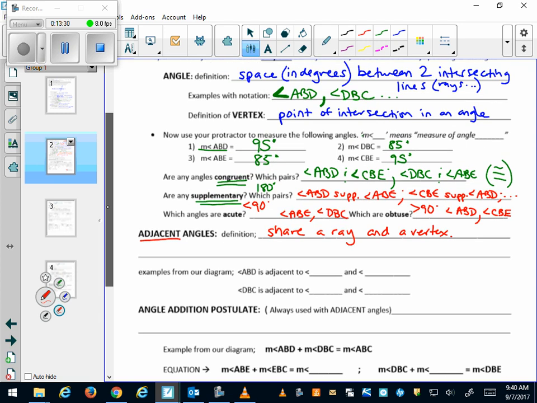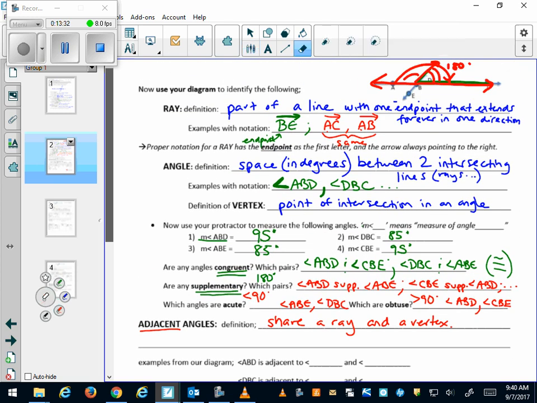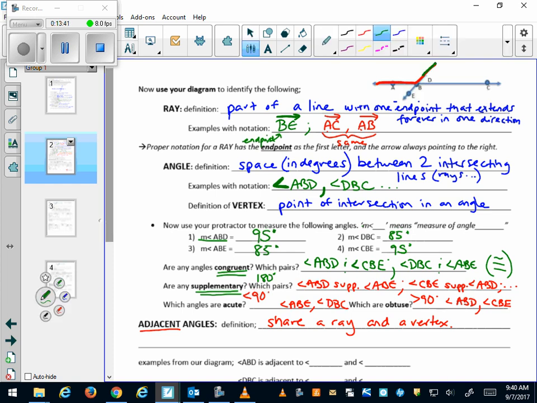ABD is adjacent to two angles actually. It's stuck together with this one, which would be called DBC. It's also stuck together on this side with this one, which would be called ABE. So DBC and ABE.